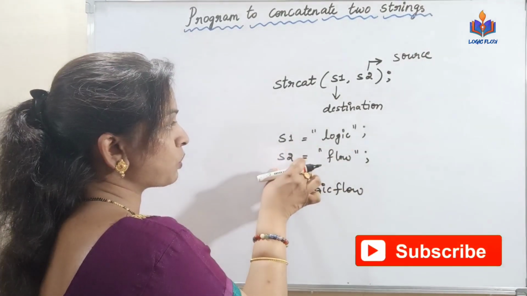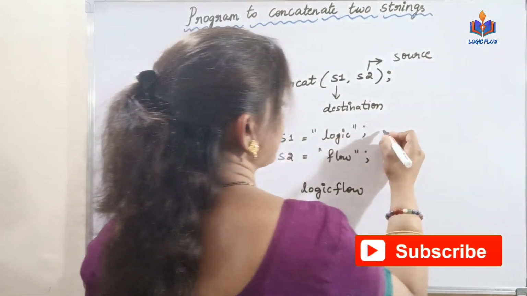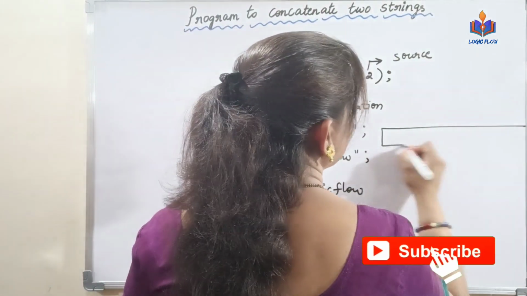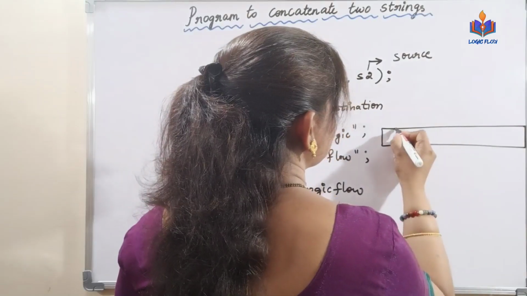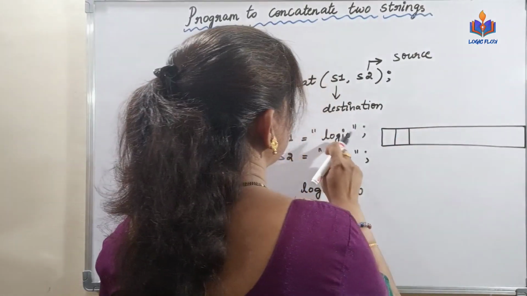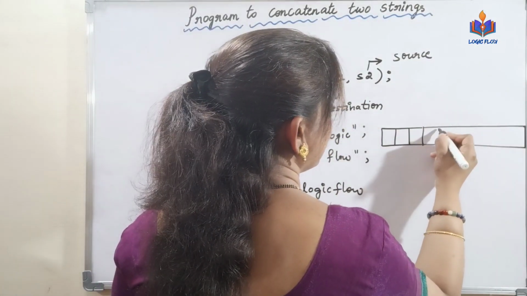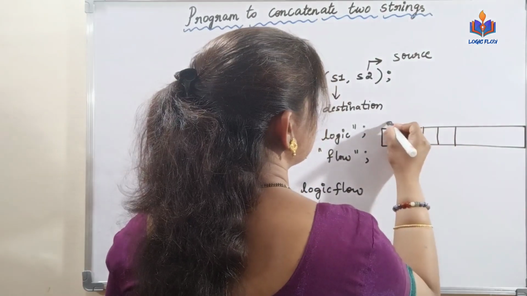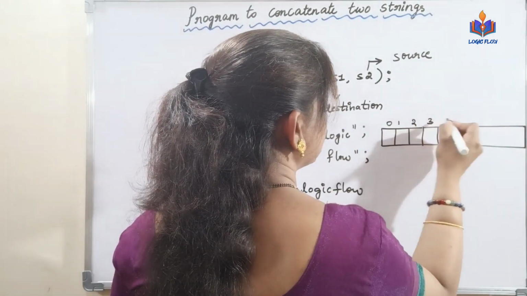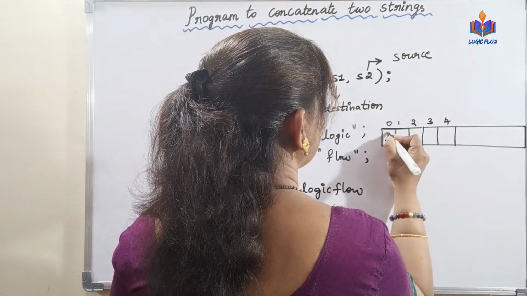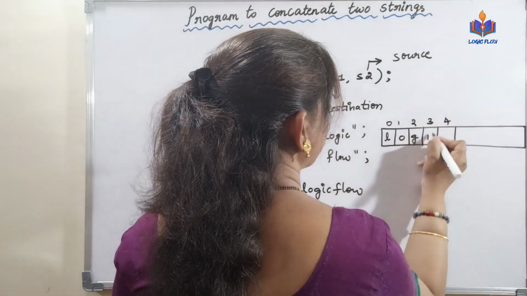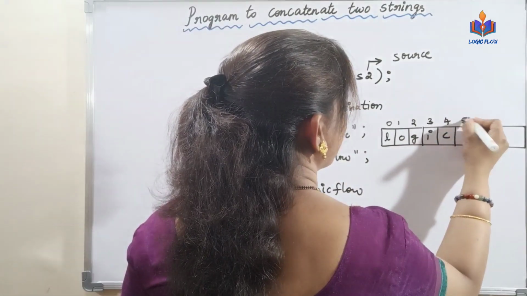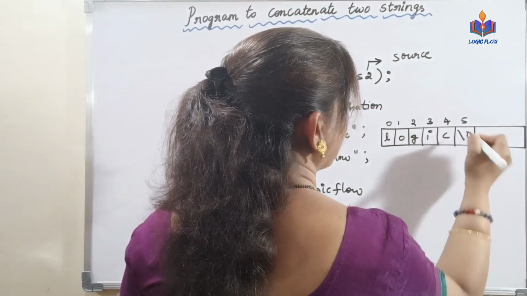So how will it be stored in the memory? See here, when I say it is string 1, it is indexed 0, 1, 2, 3, 4: logic. And the last one is the null character.